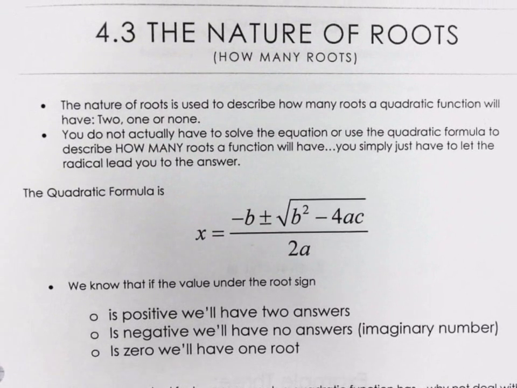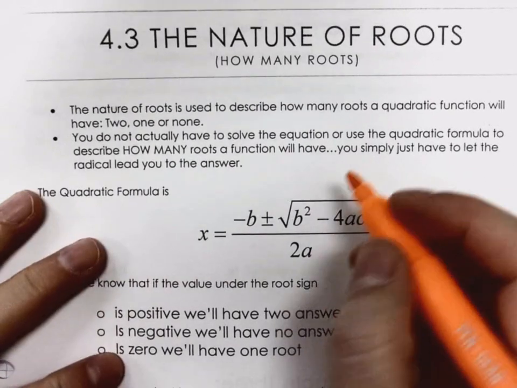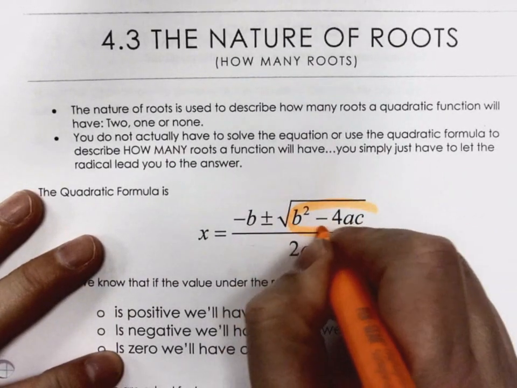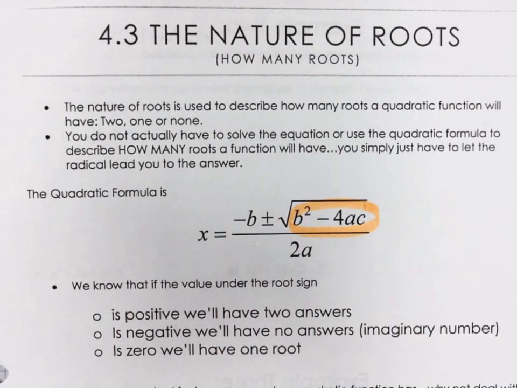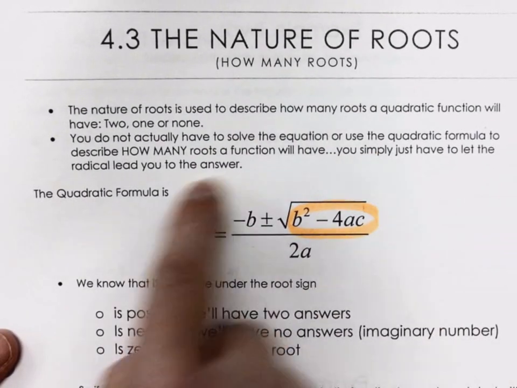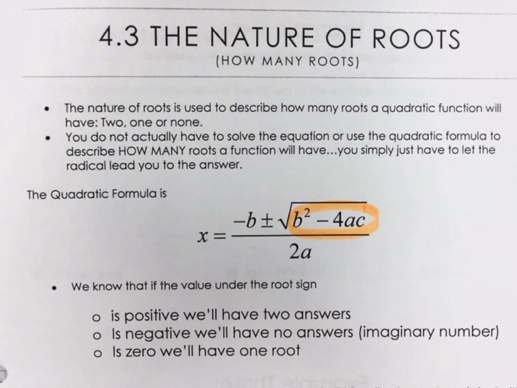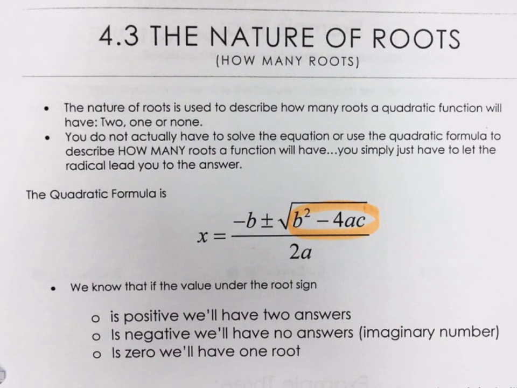So here's the thing. The discriminant, this under the root sign, is the discriminant in the quadratic formula. So if we use the entire quadratic formula, that will tell us where the x-intercepts are. But if I ask you for how many roots, you can do one of two things. You can find the vertex and then close your eyes and imagine if it opens up or down, visualize that.